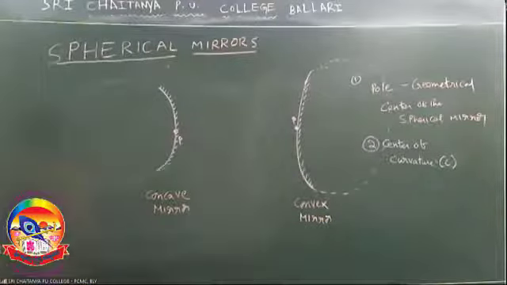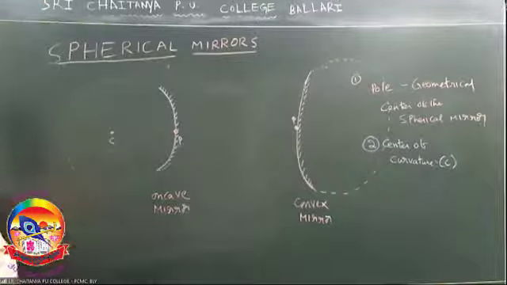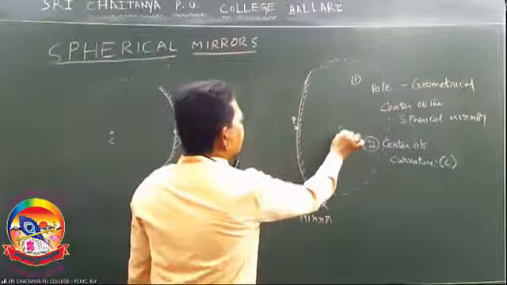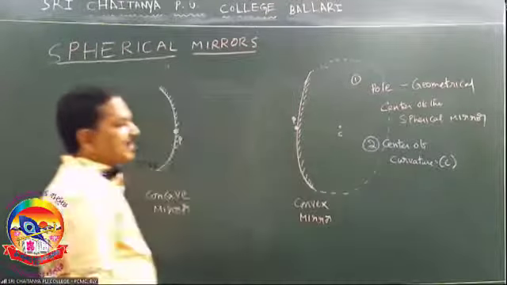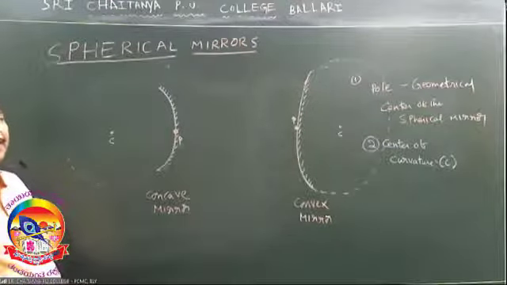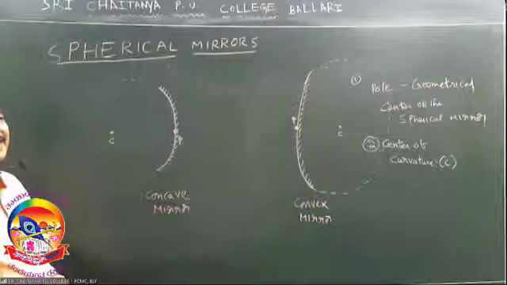For this one, this will be the center of that imagined sphere. The center of the complete sphere of which the mirror is a part is called center of curvature.